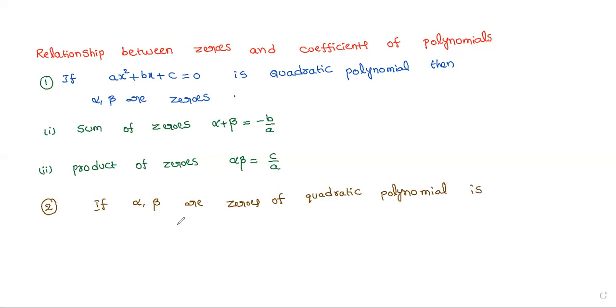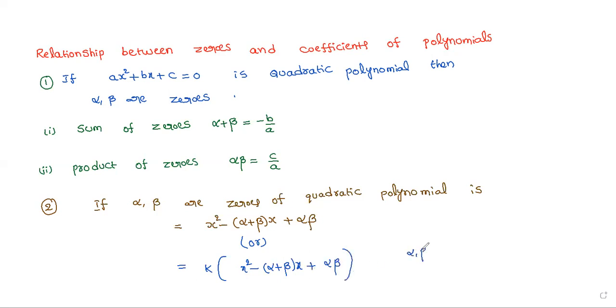So x square minus alpha plus beta into x plus alpha beta. Very important. Or another formula, when alpha and beta are fractions: k into x square minus alpha plus beta into x plus alpha beta.